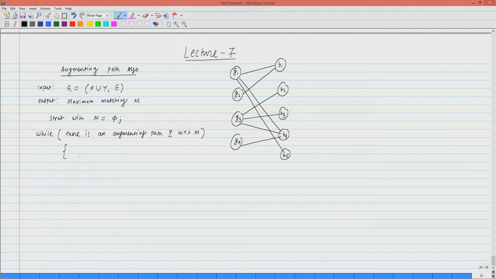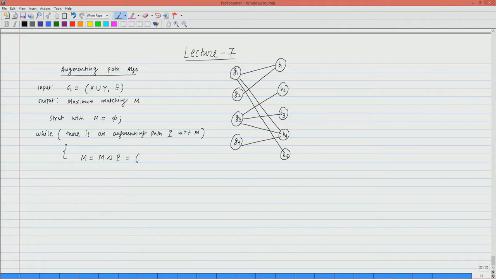You just update the matching. You will learn how every time you find an augmenting path, the matching size will increase by 1. So, M is M symmetric difference P. I will explain all these things.